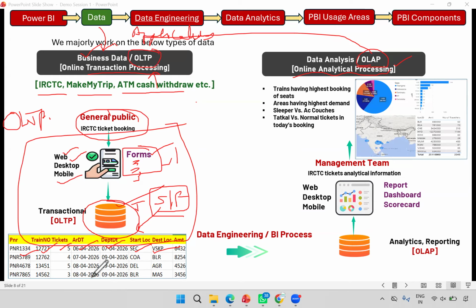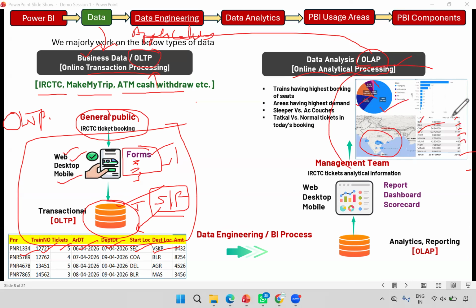And this data, management wants to understand which area we can increase trains, which area we can decrease trains, why, so and so area having more demand of trains. If they want like this, see this picture. So this area more trains, this location less trains, this location second highest. Or location wise, how many trains having booking, and what are the areas trains having booking, geographical.